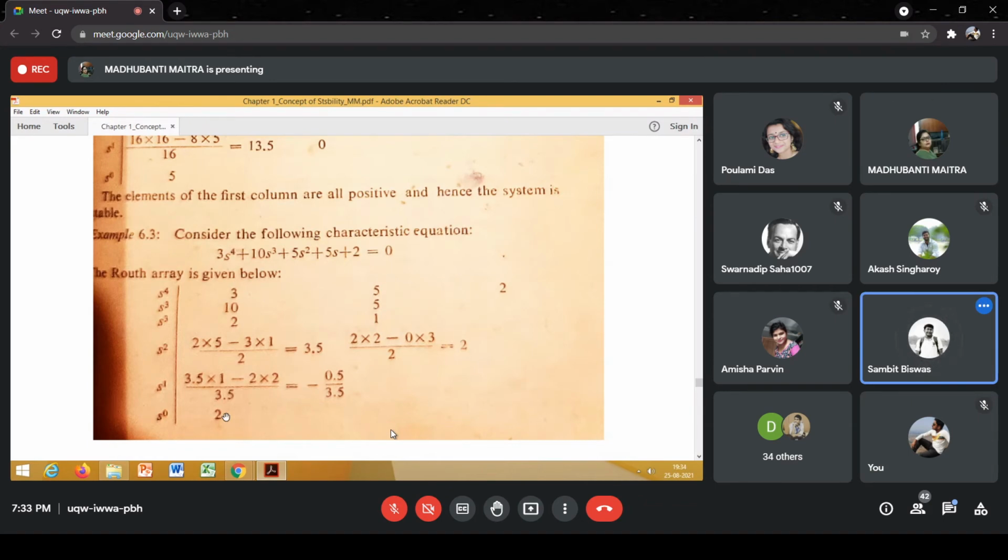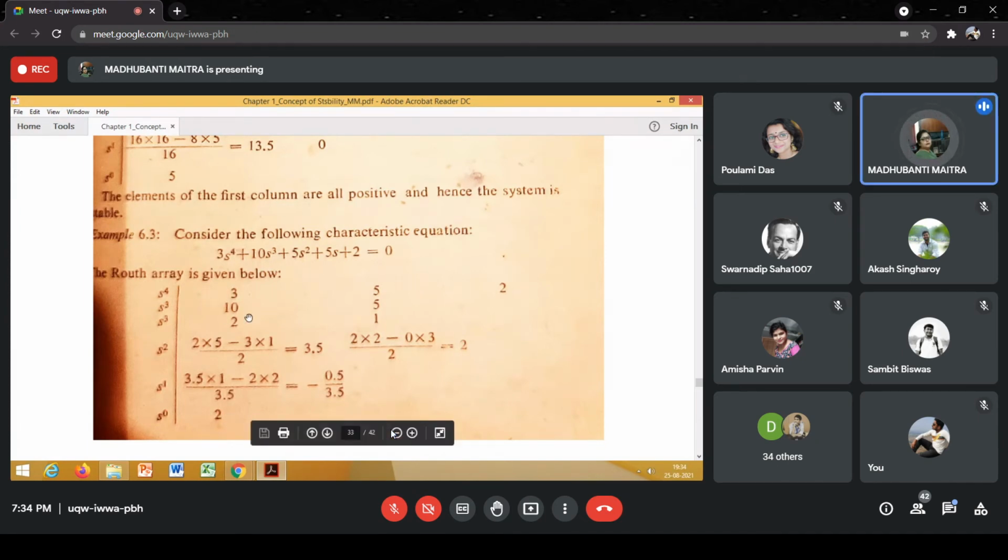Ma'am, I have a question. In the case of s cube, which is optional, you have said that if I do not do this step, then the value corresponding to the s1 term will come different. Yes, yes. That's not a problem.